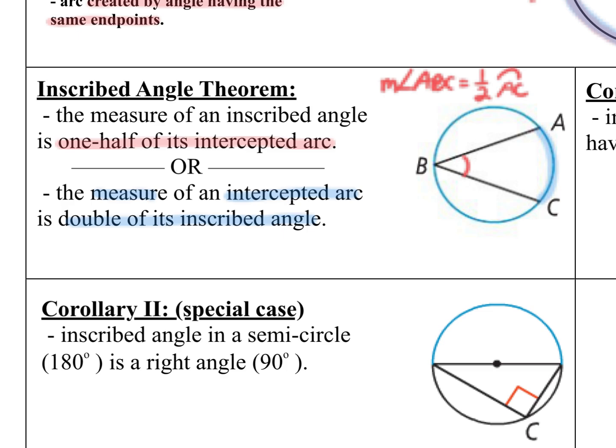This is very easy. Going from the arc, which I call the front, to the angle, the back, you divide by 2. Coming from the inscribed angle to the arc, you multiply by 2.